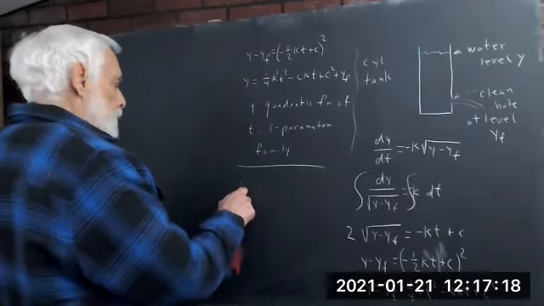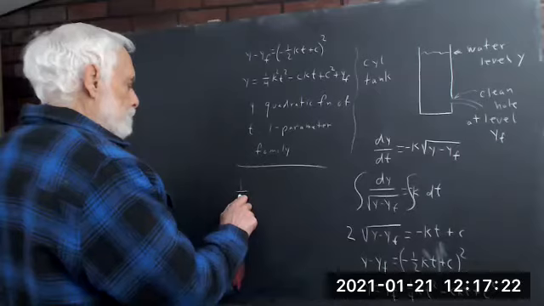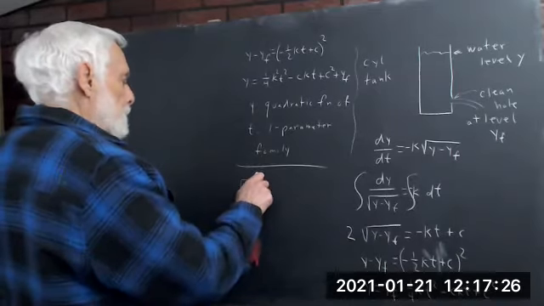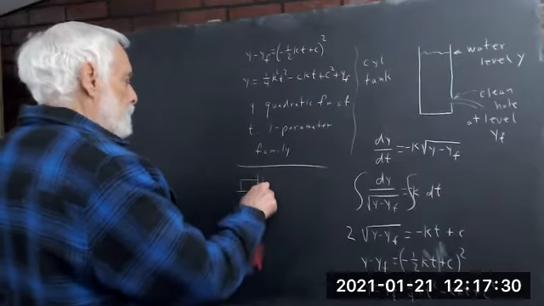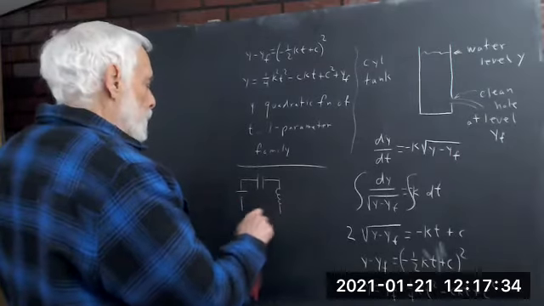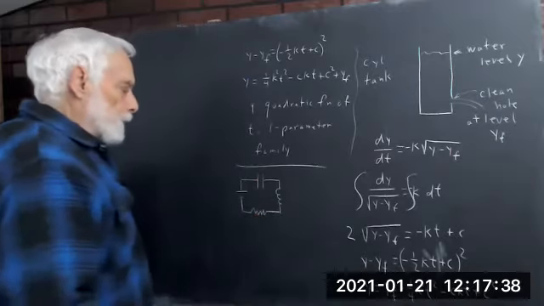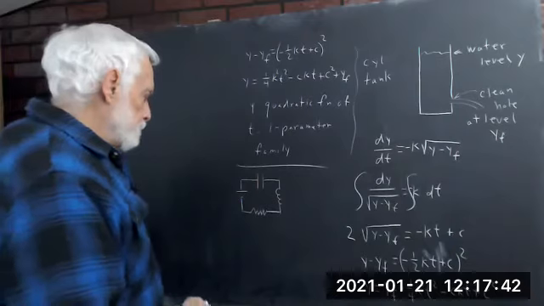Okay, so let's just say we've got a network of sources, capacitors, inductors, resistors. Now by itself, this is just an RLC circuit.